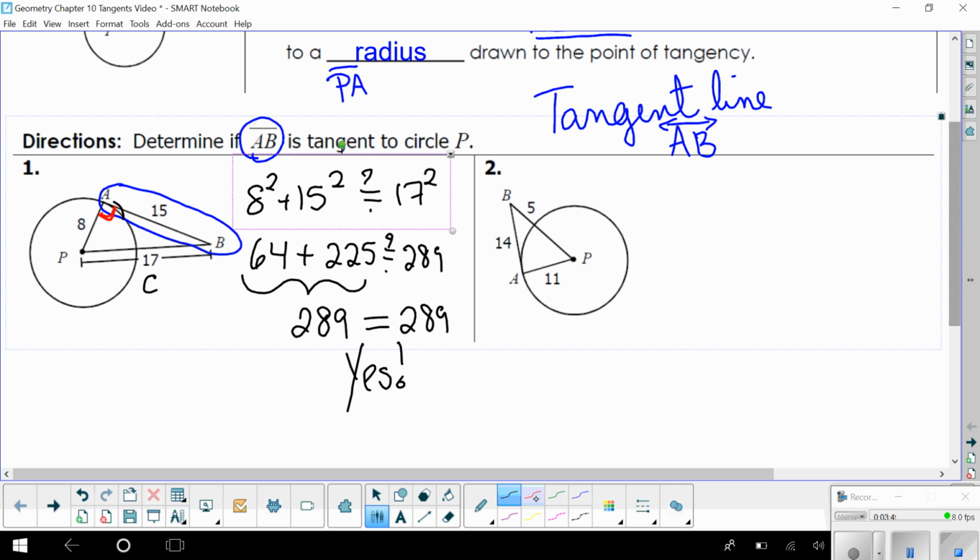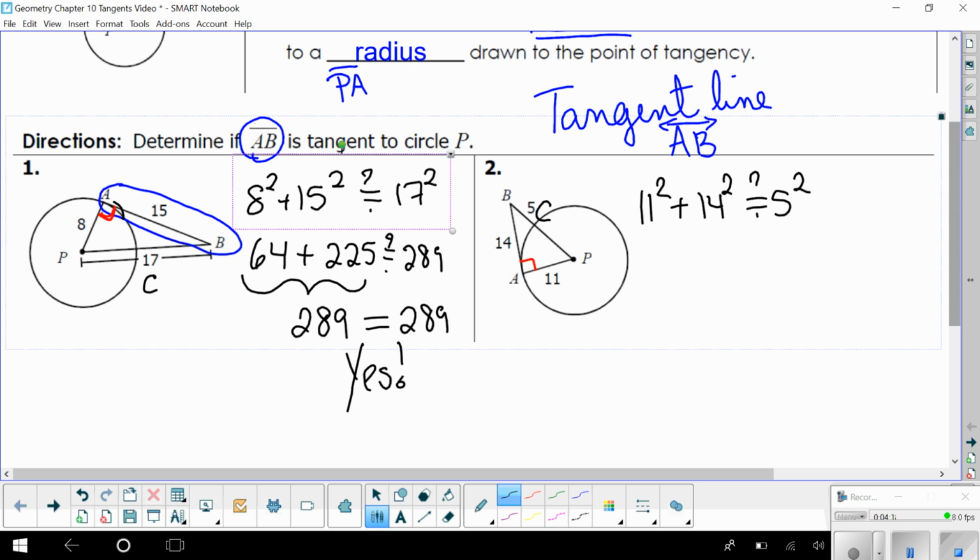So if we look at this one over here, what we want to find out is that a right angle, meaning is it perpendicular? So again, we want to assume that this is C over here. So 11 squared plus 14 squared, does that equal 5 squared?